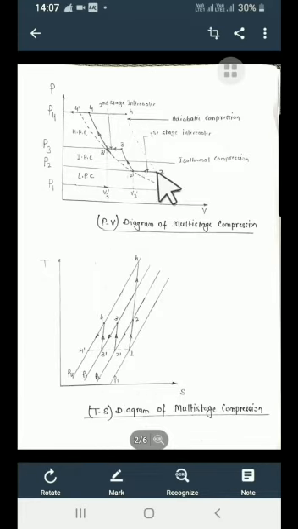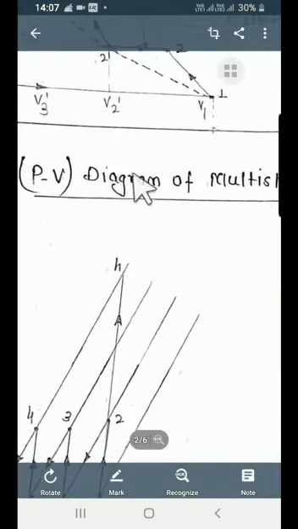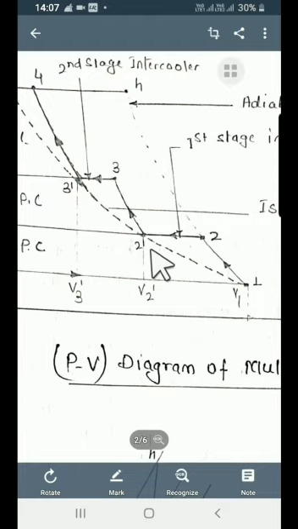The compressed air is passed through the intercooler, where it is cooled, in an ideal case, to its suction temperature, represented by 2, 2 dash. This represents perfect intercooling. The point 2 dash lies on the isothermal curve, which is shown by the dotted line.